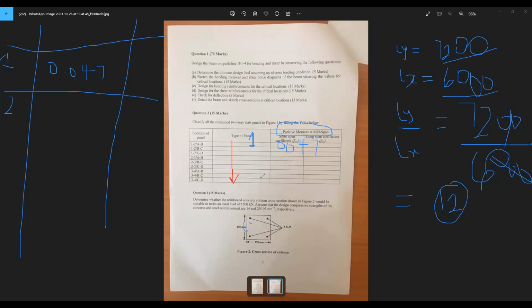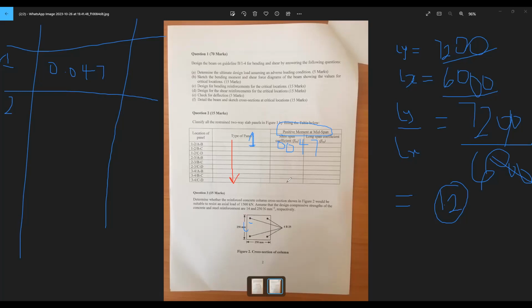So under that, we are going to one long edge discontinuous. Under one long edge discontinuous in our code, we look for positive moments at midspan, and we trace horizontally to match with 1.2.